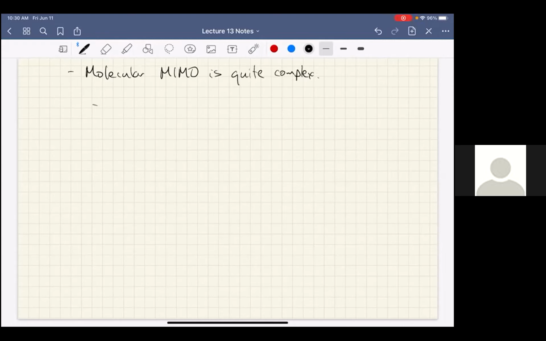For example, one is that the molecule counts at the receivers are not independent. That's kind of a big one.